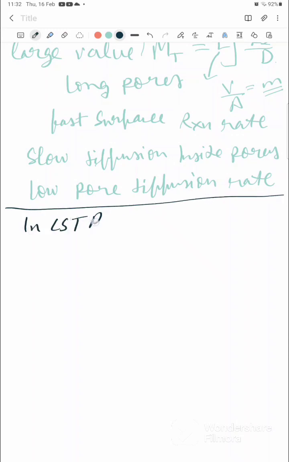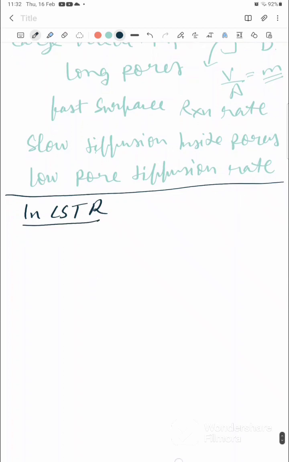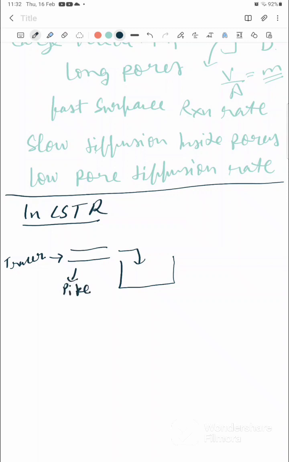In a CSTR, you know that when we inject a tracer, this is a pipe, there should be a delay or lag when we get the tracer.